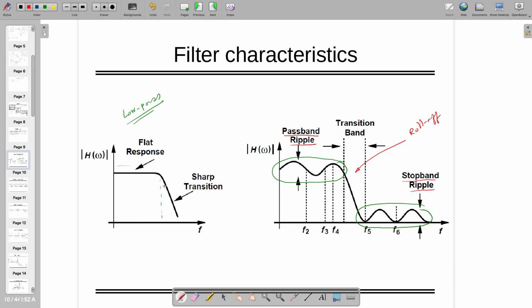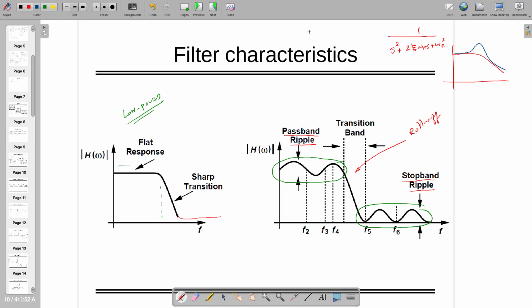Even though you want to make a flat response, this is the ideal thing, as you are increasing the order, and if you are keeping the poles and zeros at a particular location, you will have some ripple. If you remember, if there is a second order system, we have found out that the response might be this one, or it may go to this one also.